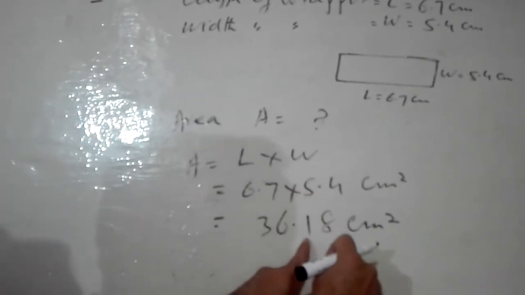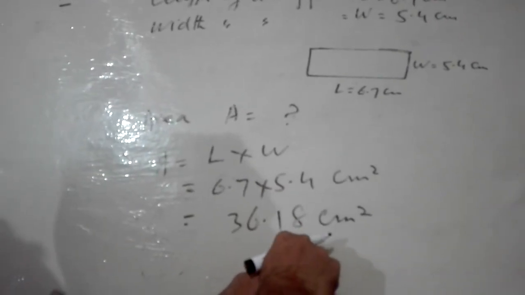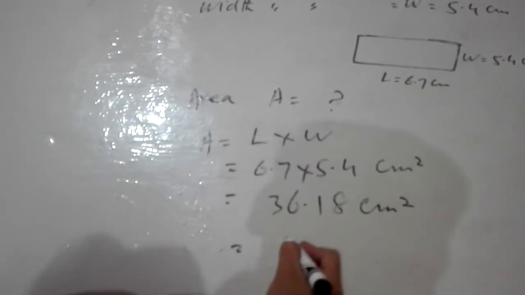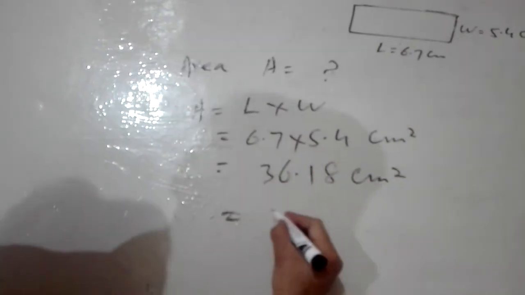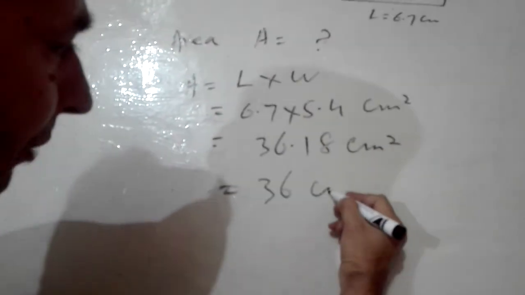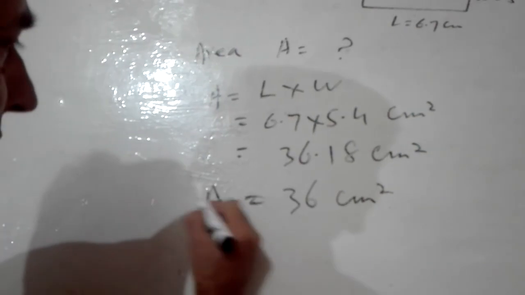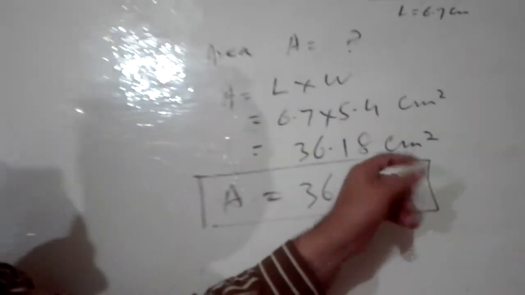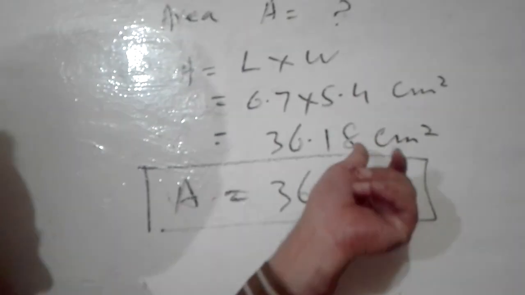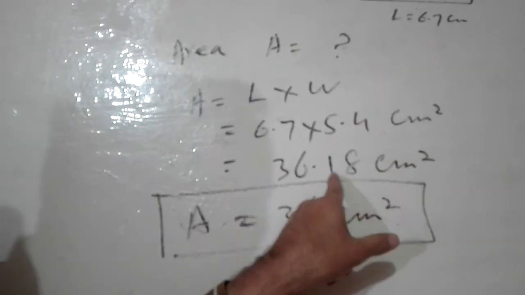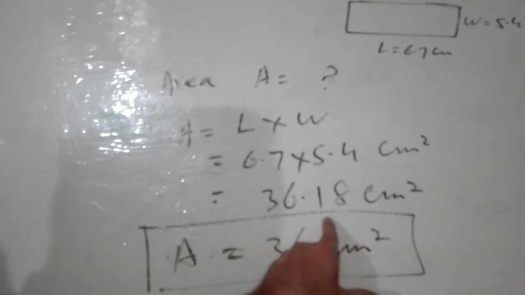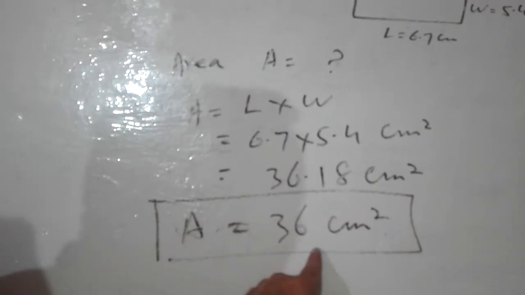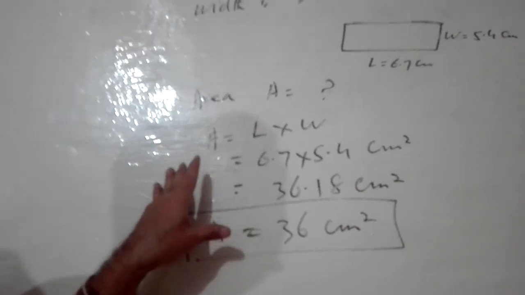When you skip this 8 it becomes 2. So reasonable means you can round it off. When you round it off, your answer is 36 centimeter square. So this is your area answer. I think you must have understood why I have rounded this, because he has asked for reasonable significant figures. So that's the end of our numericals.